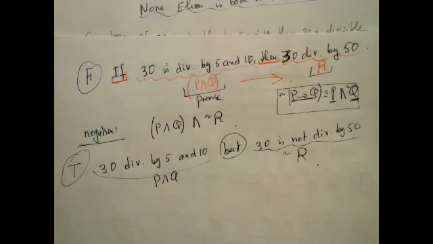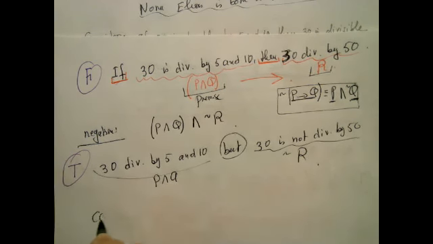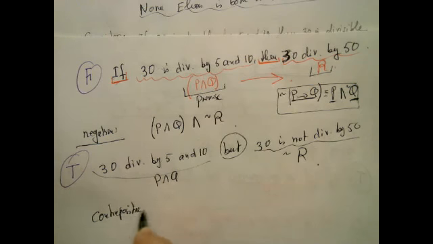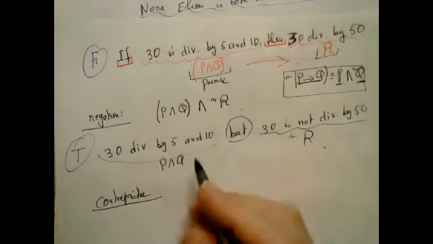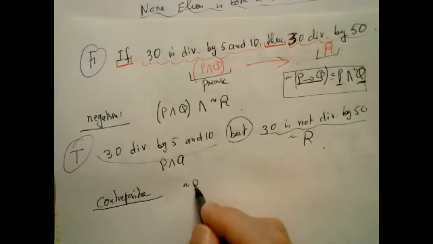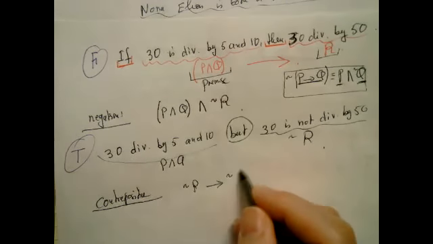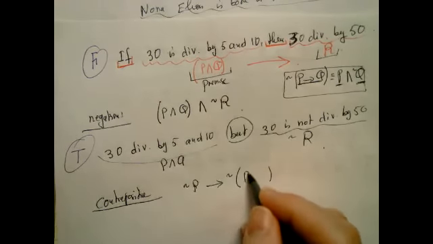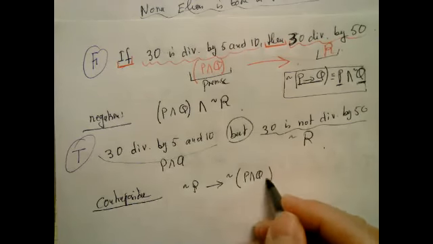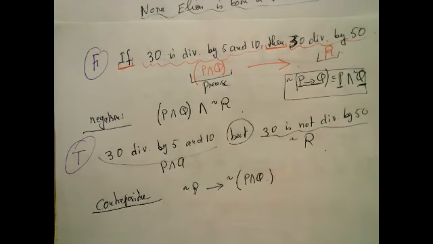Now I want you to do the contrapositive. So remember the definition of it. The definition is it's non-R. If non-R, then non-hypothesis. But this time my hypothesis ended up to be a compounded piece.